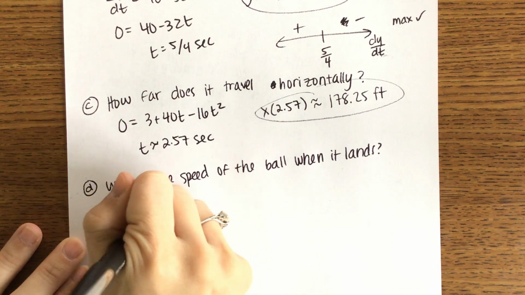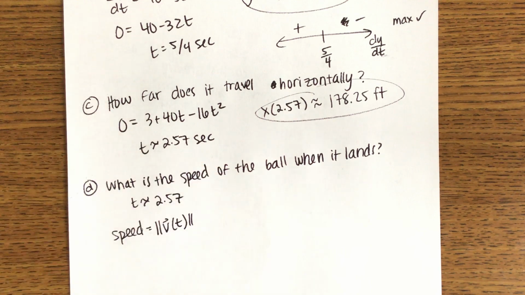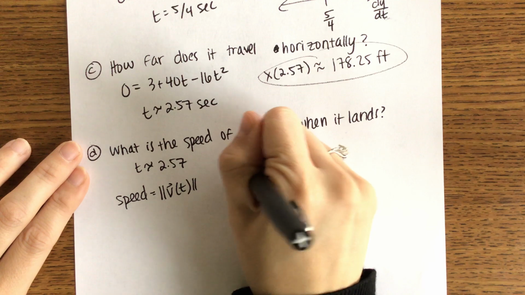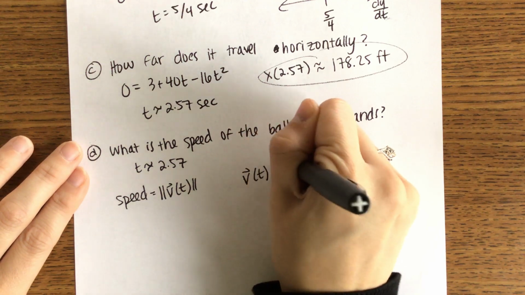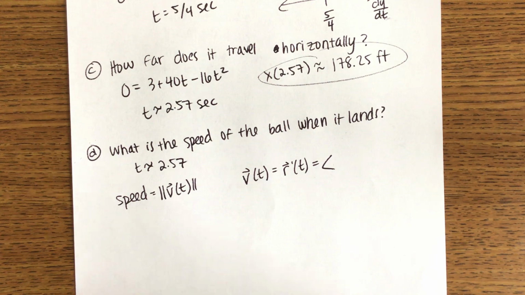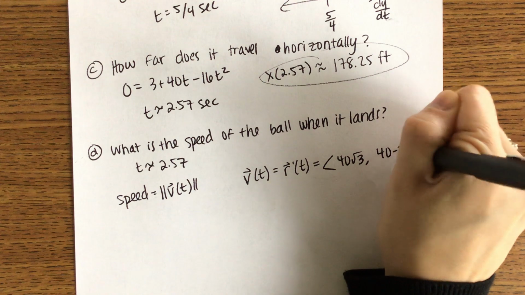Speed we also talked about is the norm of the velocity vector. Velocity vector we haven't found yet. It's the derivative of position. We found the position. If you take the derivative, you get 40 root 3, comma 40 minus 32t.